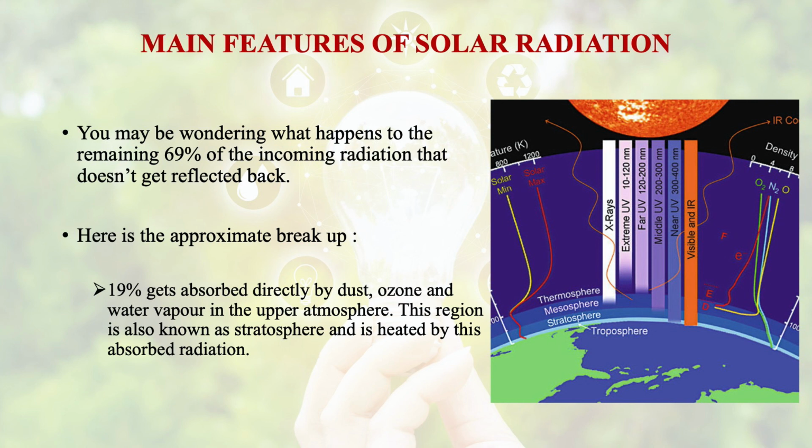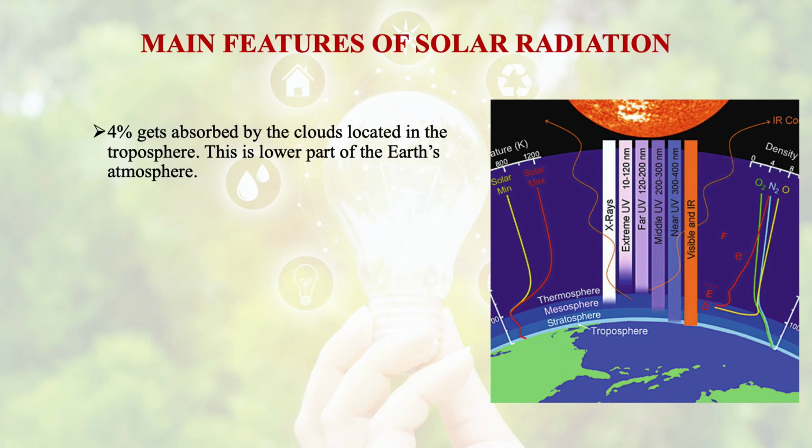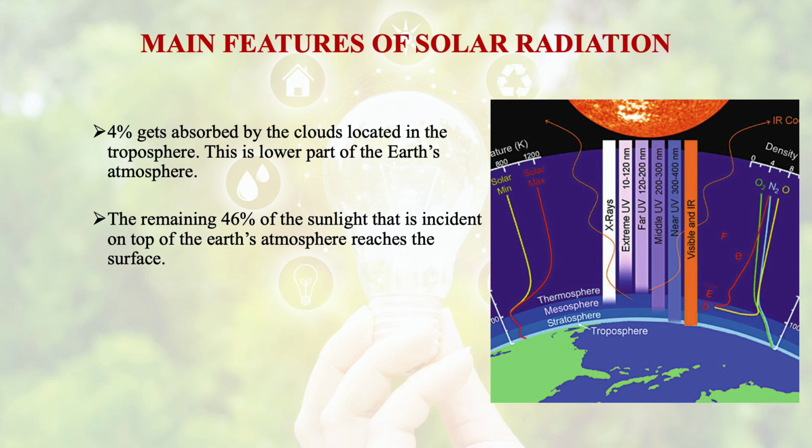This region is also known as stratosphere and it is heated by the absorbed radiation. 4% gets absorbed by the clouds that is located in the troposphere. This is lower parts of the Earth, and the remaining 46% of the sunlight that is incident on top of the Earth's atmosphere reaches the surface.